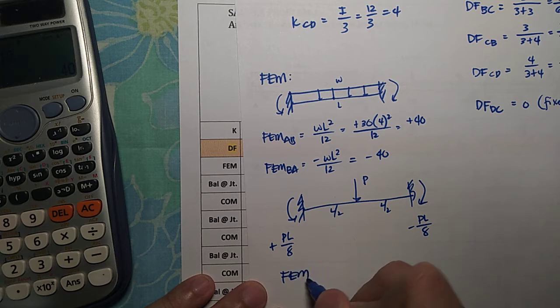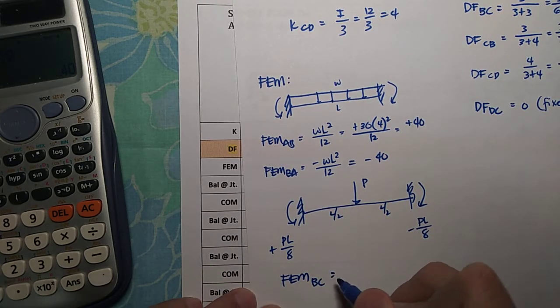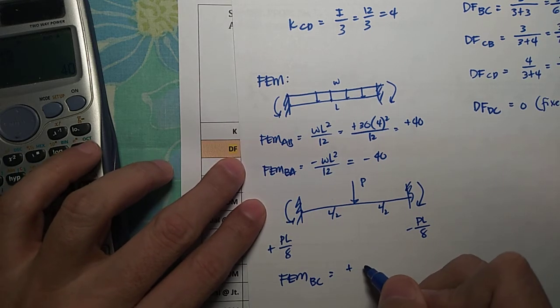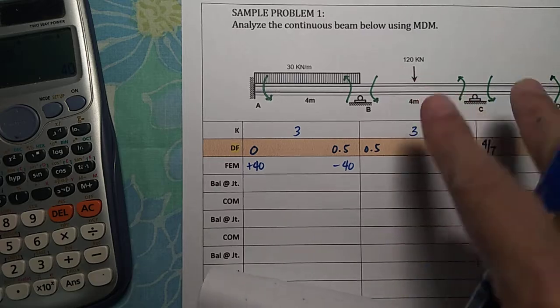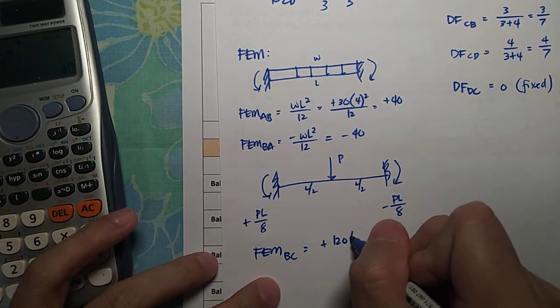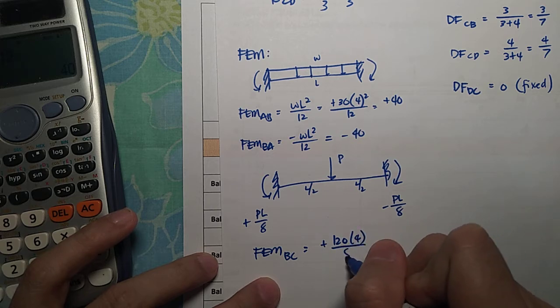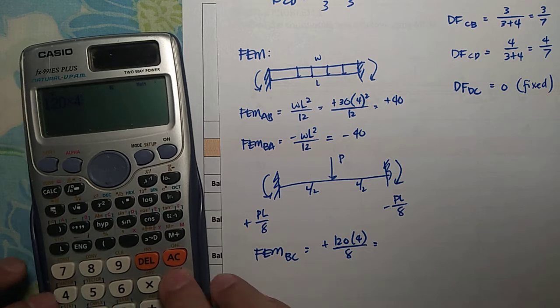fixed end moment on member BC, which is on the left, that would be plus, what's P? P is 120 and the length is 4 meters. So 120 times 4 over 8.